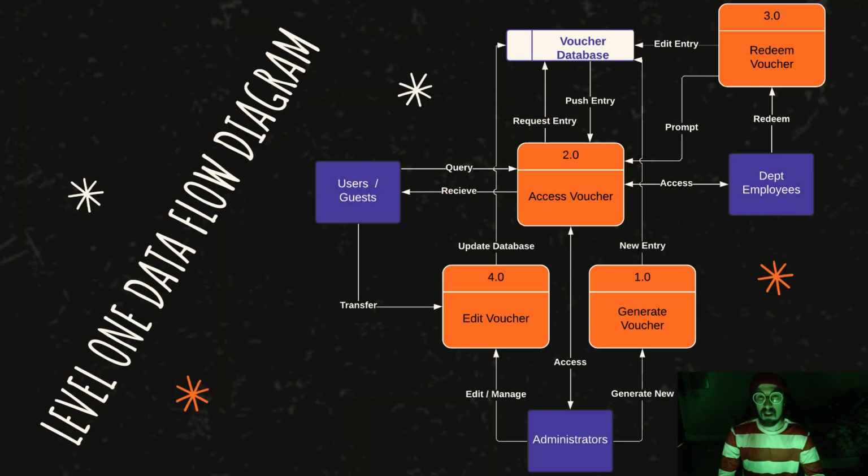When you really get down to details, you'll start to notice there's more than meets the eye. There are many different subsystems that could keep someone lost forever. Of these, the primary would be, once again, to generate a voucher, to access a voucher, to redeem a voucher, or to edit and or transfer a voucher.